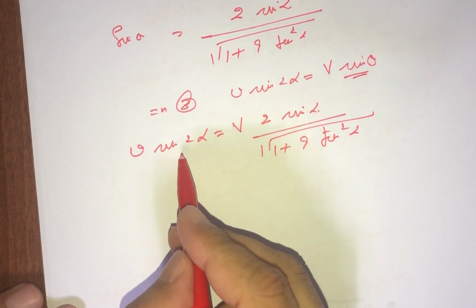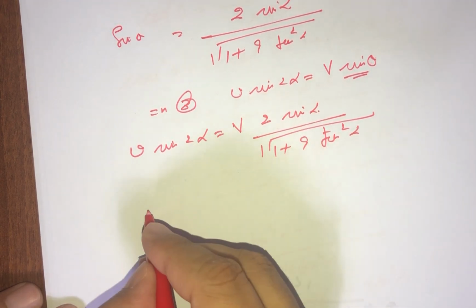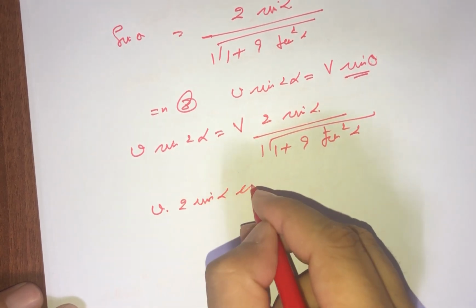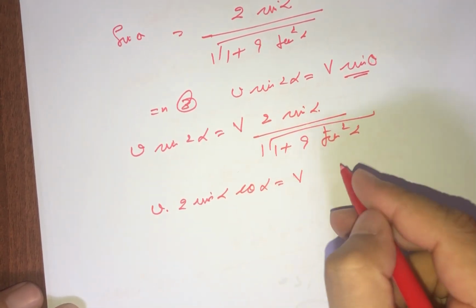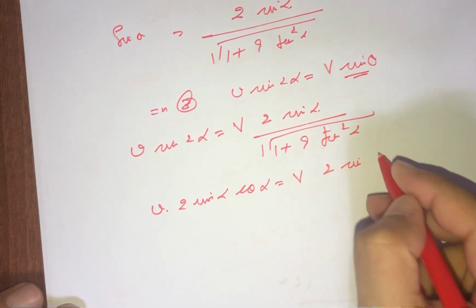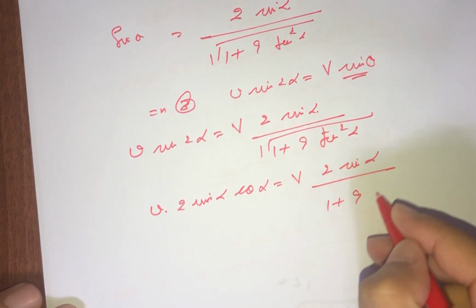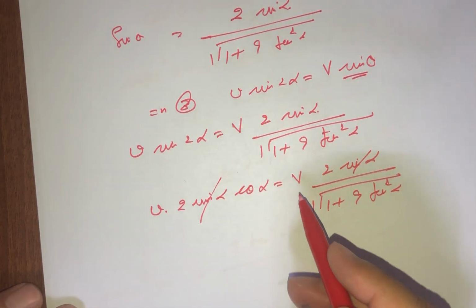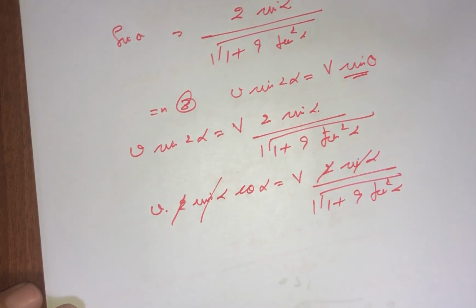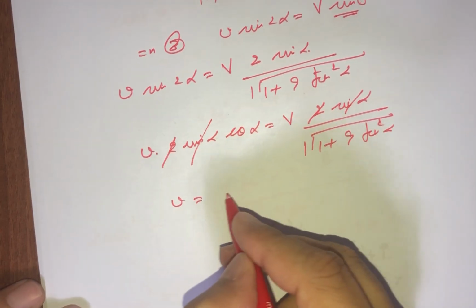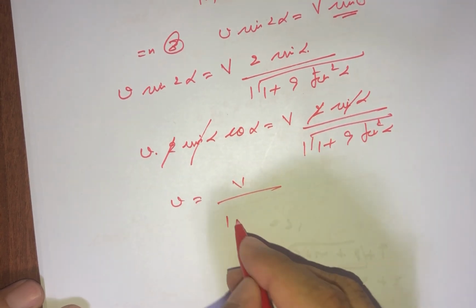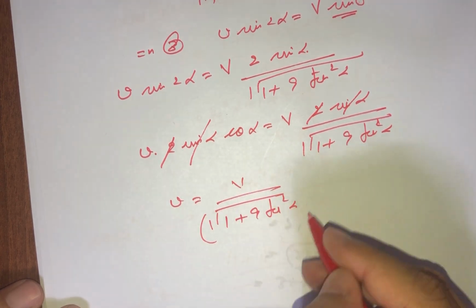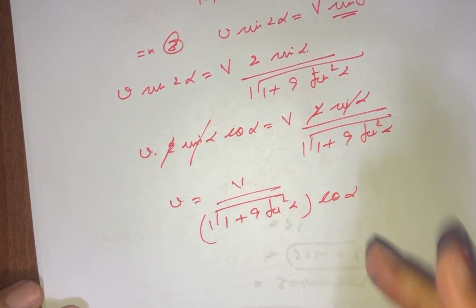Sine 2 alpha can be written as 2 sine alpha cos alpha. We get v times 2 sine alpha cos alpha is equal to capital V times 2 sine alpha divided by 1 plus 9 tangent square alpha. Sine alpha cancels out with sine alpha, 2 cancels out with 2. So we are left with v is equal to capital V divided by 1 plus 9 tangent square alpha multiplied by cos of alpha.